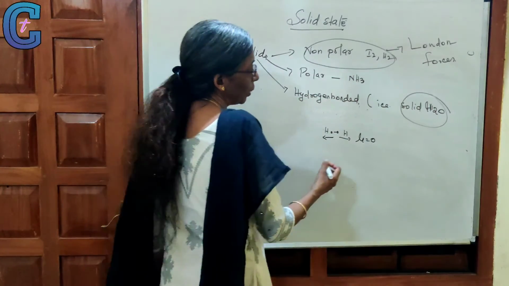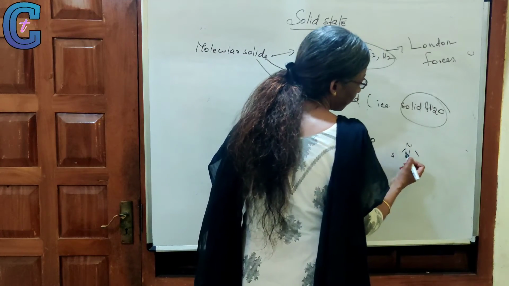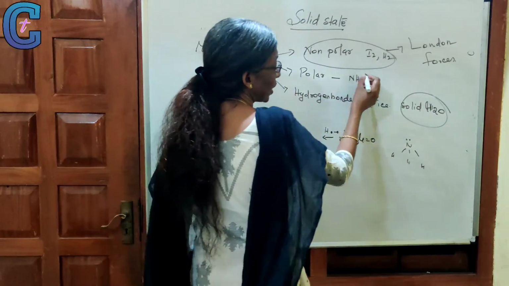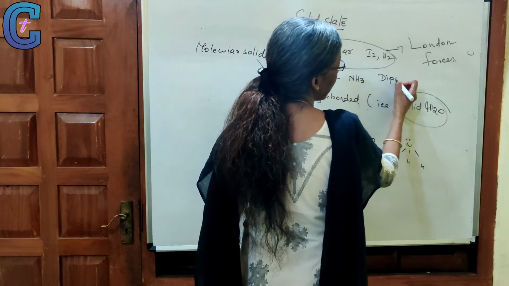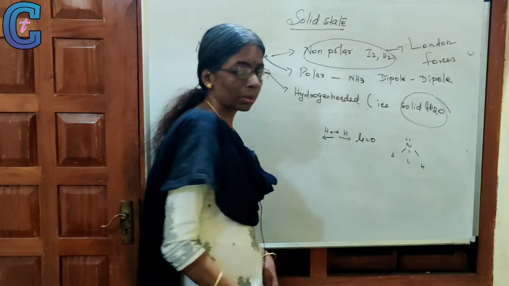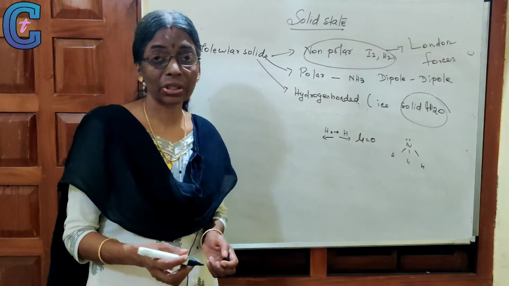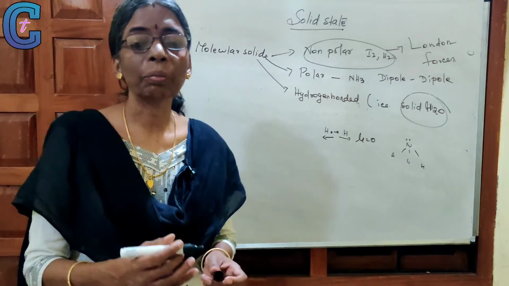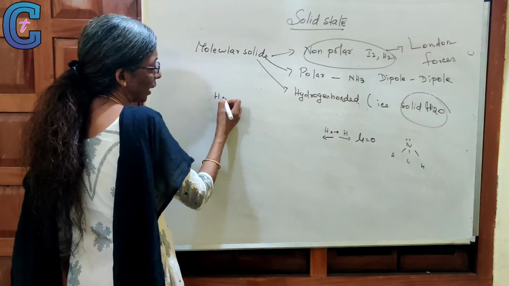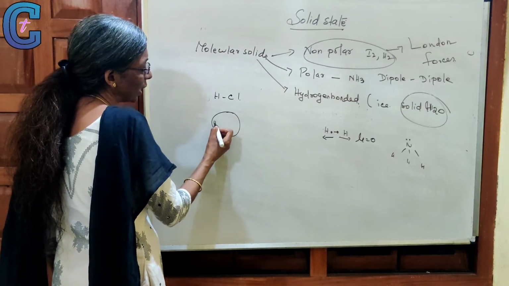In a polar molecule, N, H, H, H, here there is a lone pair. Their force of attraction is dipole-dipole interaction. What is dipole-dipole interaction? It occurs only in polar molecules. For example, I am giving another example, HCl. In the HCl molecule, H is here, Cl is there.